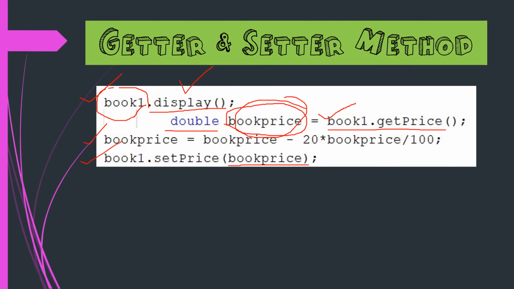After it, the price will be recalculated because we have to give a discount of 20%. So that is why we will be using this formula. And after using this formula, the value we will get will be the actual discounted price that you can see here.